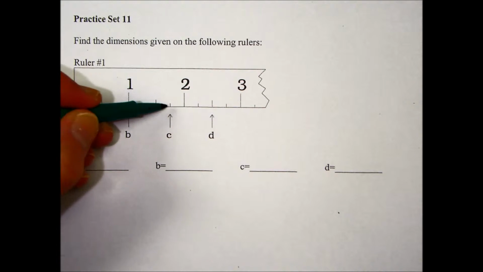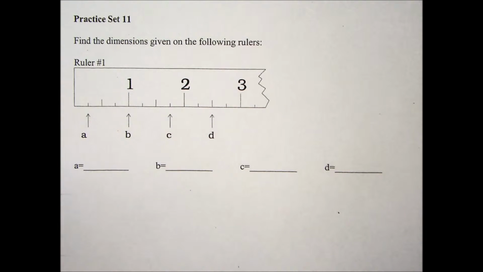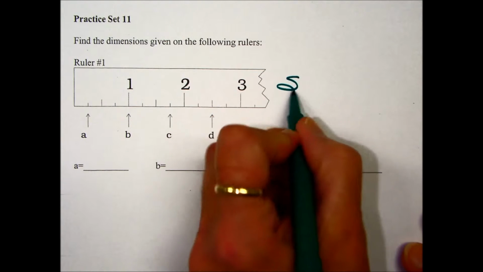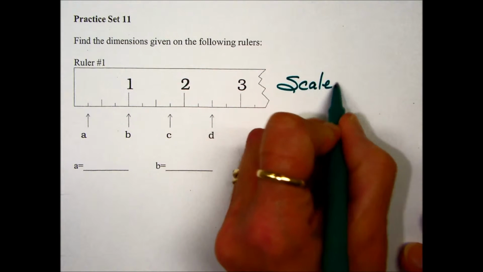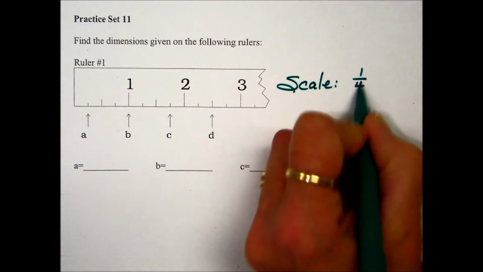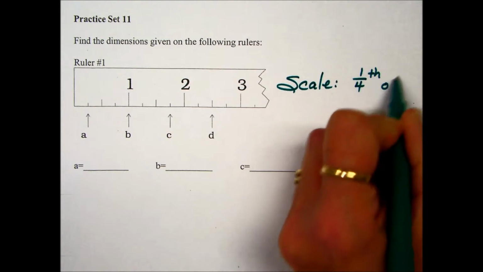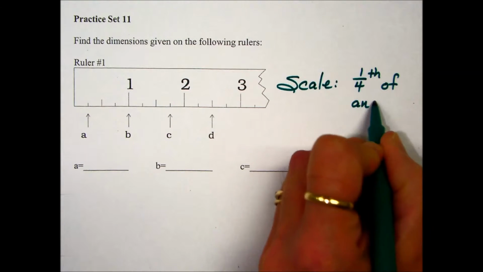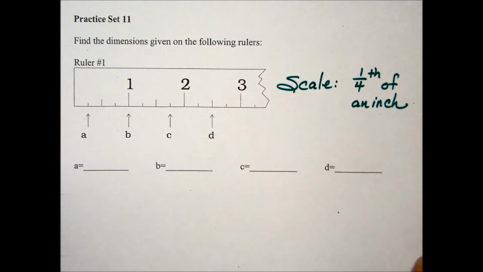There's 1, 2, 3, 4 divisions, which tells us that we're working with a scale factor of 1/4 of an inch on this ruler. Once we have our scale determined, we can go ahead and determine the place value or the length of where the indicated letters are.